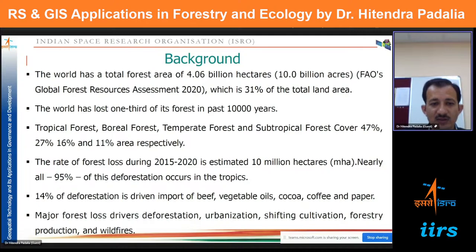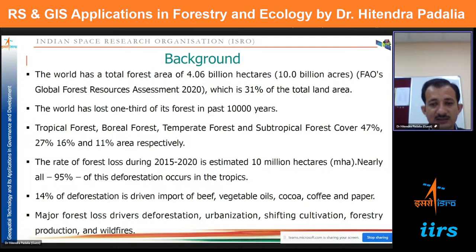Why are forests deforested? One statistic is that 14% of deforestation globally is happening because of beef production, vegetable oil, that is palm oil, cocoa, coffee, and peppers. Most of this is happening in the tropical forest, near the equator and the southern hemisphere.